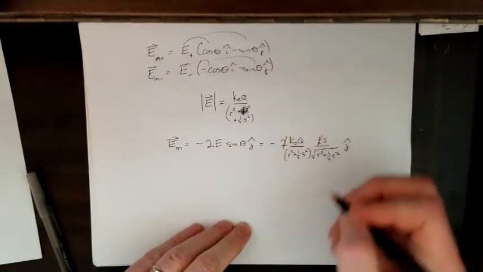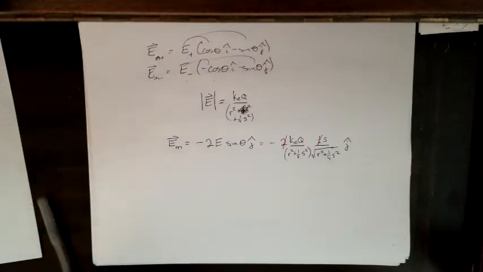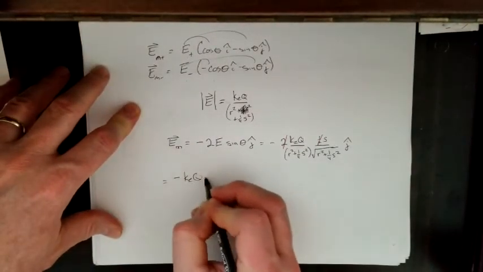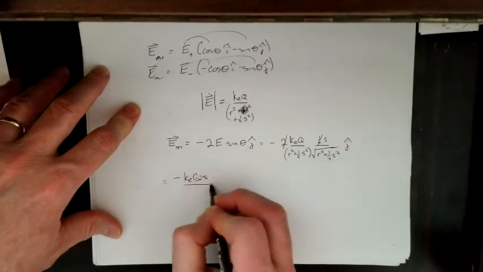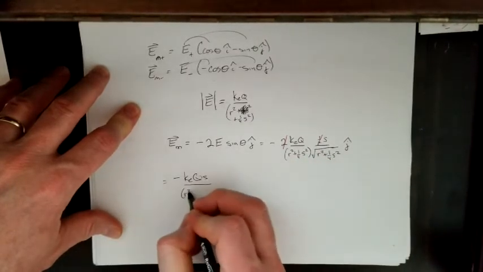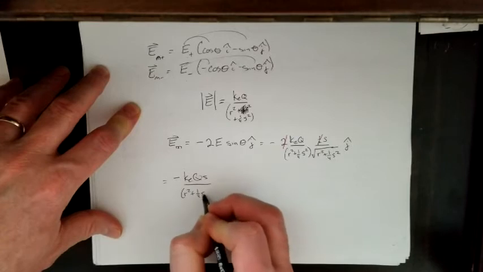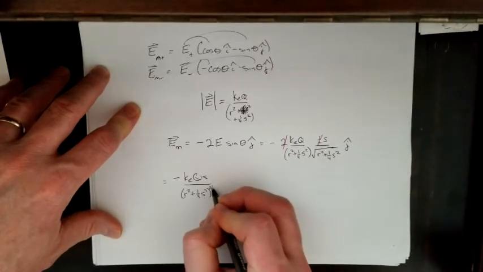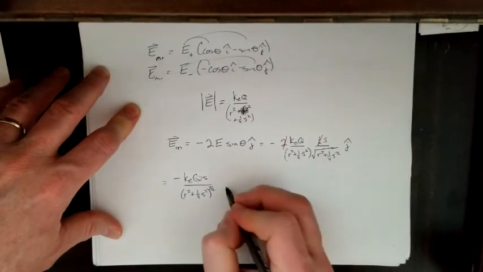That 2 and that 1/2 cancel out. So now I'm left with negative k e q s over r squared plus 1/4 s squared to the 3/2, J hat.